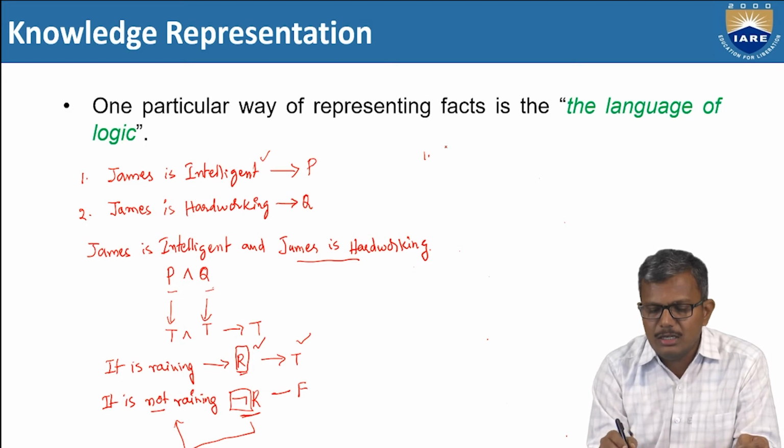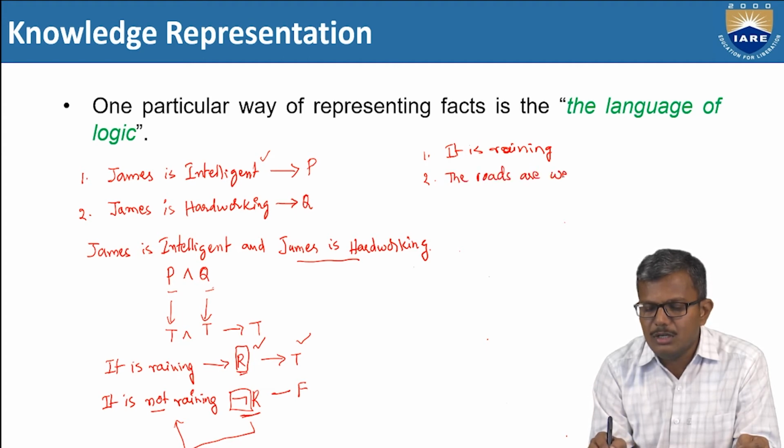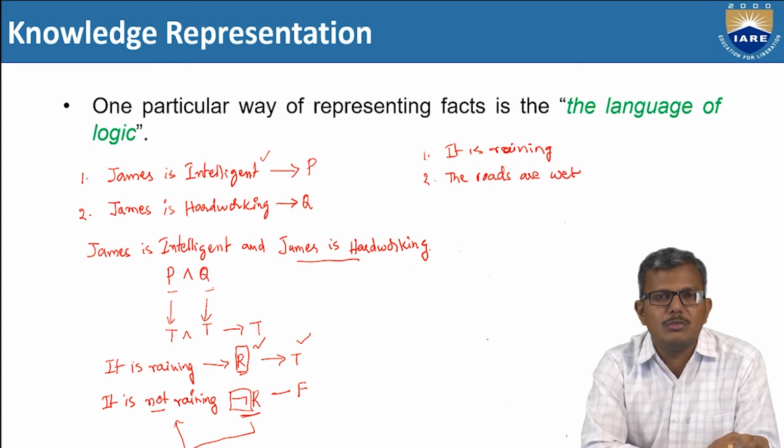Here I am using one: it is raining. It is one sentence, and I can say that the roads are wet. These are the two sentences, two representations we have. How can we generate a new representation from this?